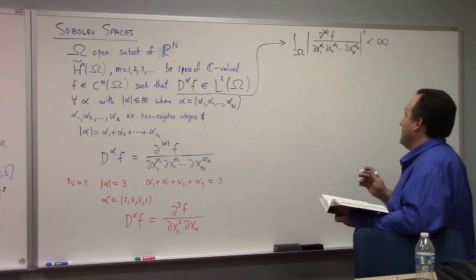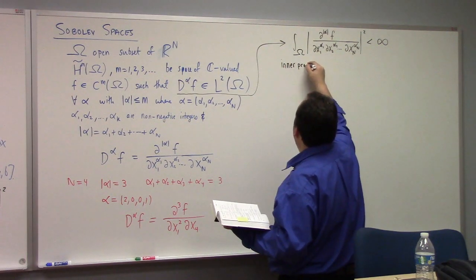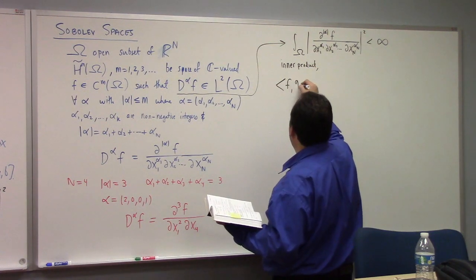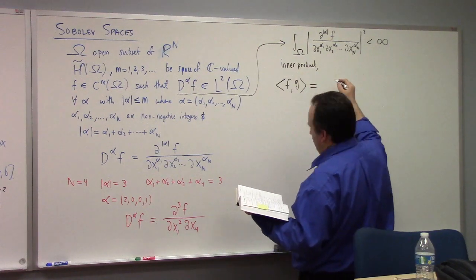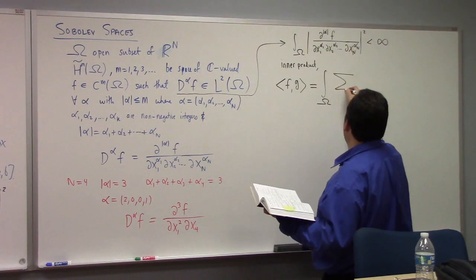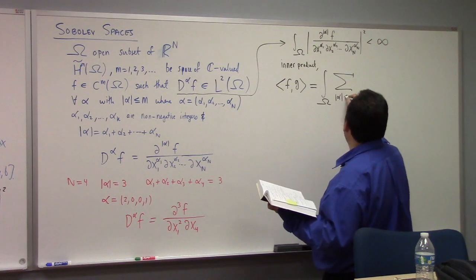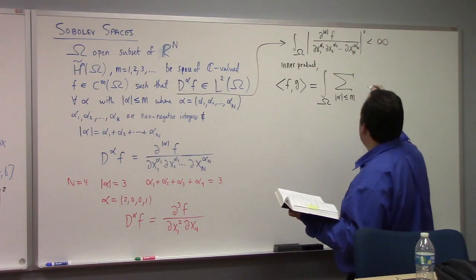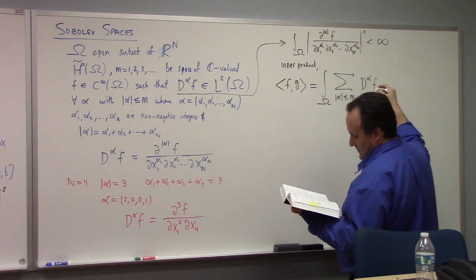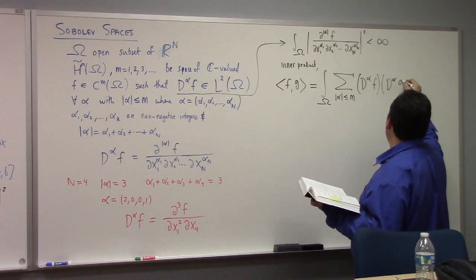And then how do you define the inner product? We define it like this. The inner product of f with g is the integral over omega of the summation over all multi-indices less than or equal to m of the multi-derivative of f times the conjugate of the multi-derivative of g.